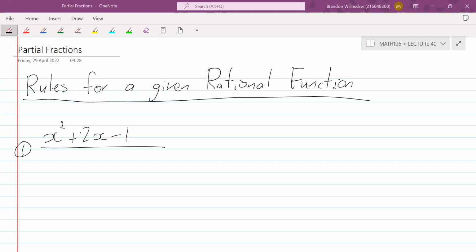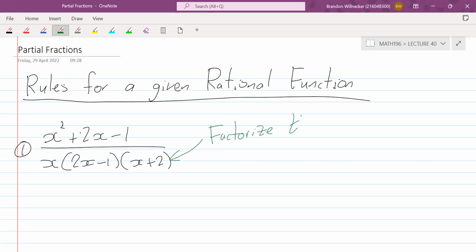In the factored form, let's say it looks like this: x times 2x minus 1 times x plus 2. So we need to factorize the denominator. Once you factorize the denominator, there are three cases that we're going to deal with.